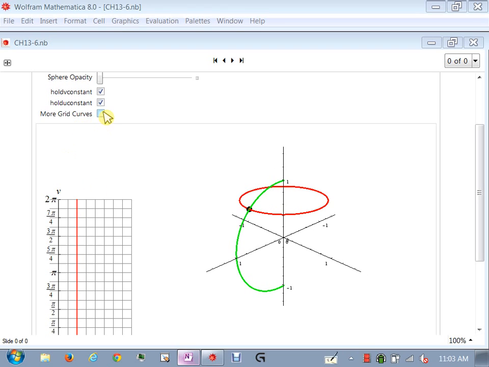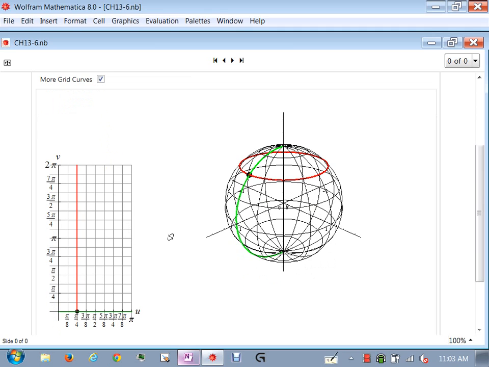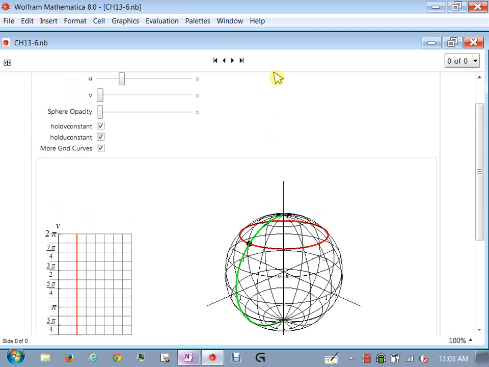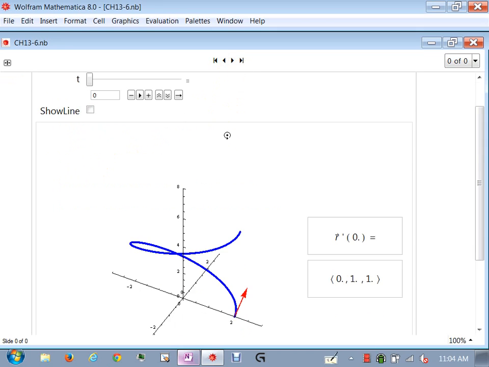We had the surface. Last thing we did was we looked at the sphere, right? So there's a surface. And now we talk about derivatives, right? So the geometric meaning of derivatives of vector functions. Remember from vector functions of a single variable, when we looked at the derivative, so here was r of t, here is this bluish curve, right?